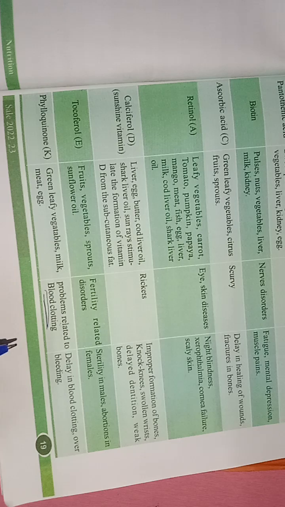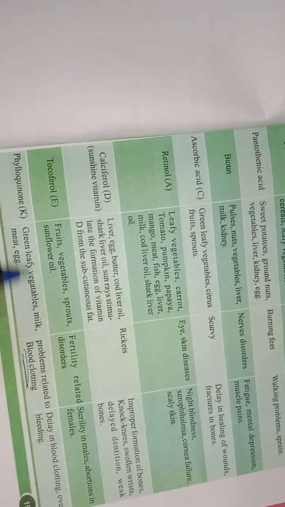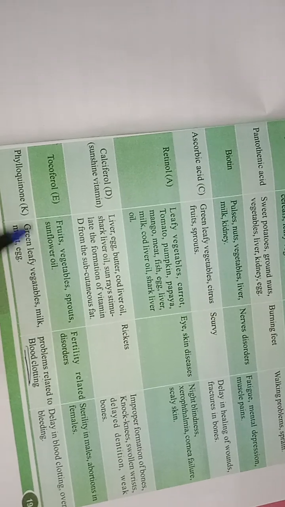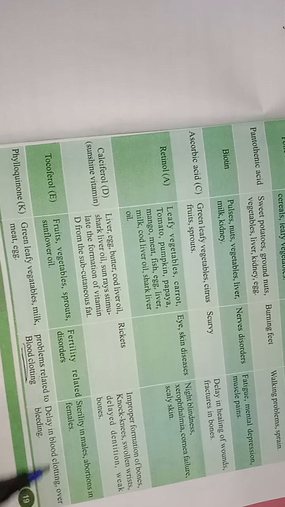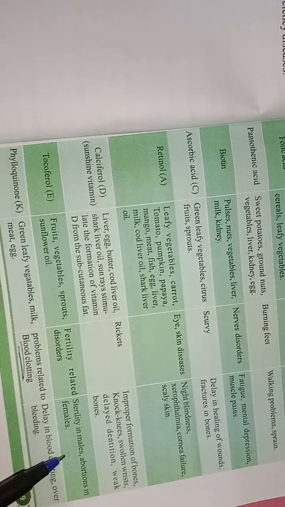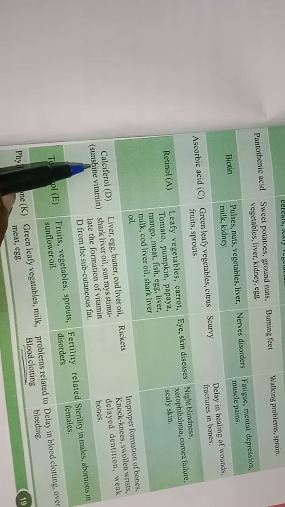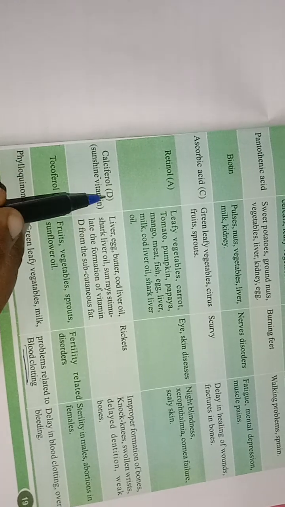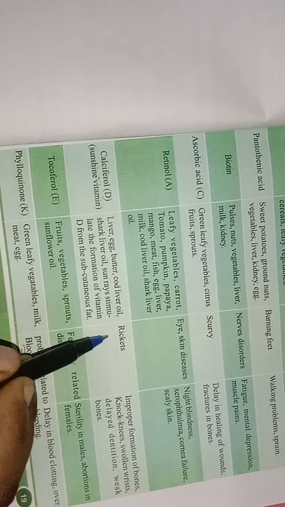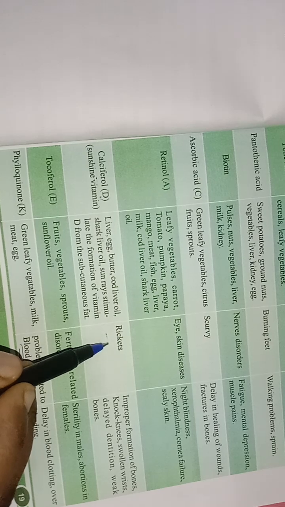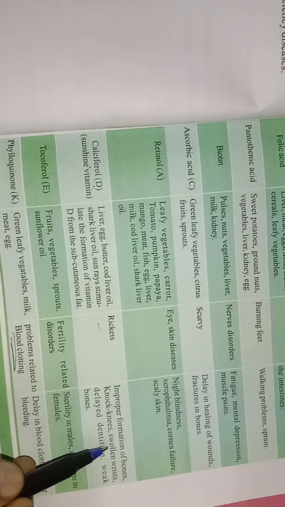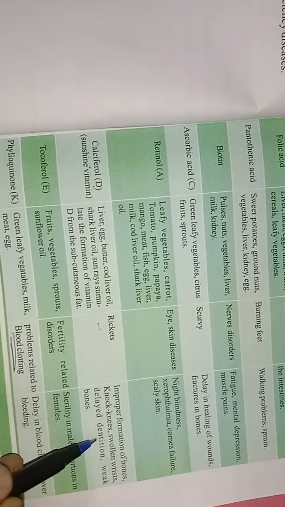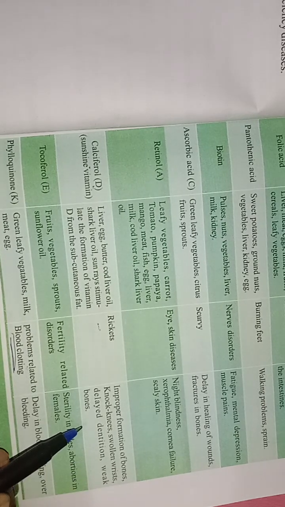Small injuries may also lead to big problems for that person, right? Next, tocopherol. Fertility related disorders: sterility in males and abortions in females. Next, calciferol. We know vitamin D is related to bones, right? So rickets: improper formation of bones, knock knees, swollen wrist, delayed dentition, weak bones.